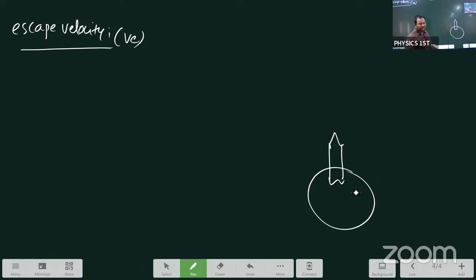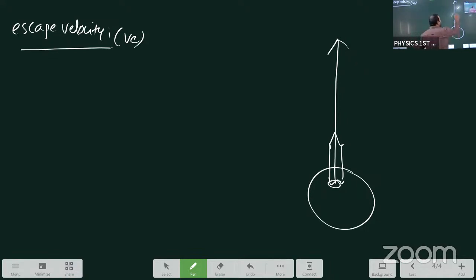This is one rocket, moving upwards like this. Don't think of Diwali rockets, this is the main rocket that ISRO and NASA send. So minimum velocity, as I said in the previous definition also. Minimum velocity required for an object to escape from the ground, to escape from the earth, to escape from the gravitational field.